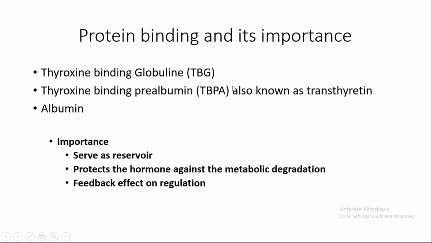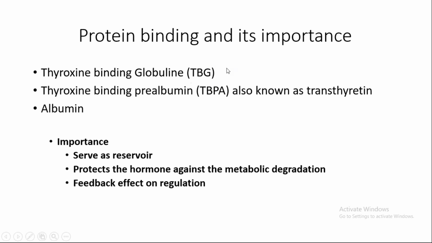Now, about this protein structure, thyroid binding globulin, T4 is binding with this and T3 is also binding with this. So T3 and T4 both are binding with this. Out of this, 70% of T4 is binding with the thyroid binding globulin and 45% of T3 is binding with thyroid binding globulin.